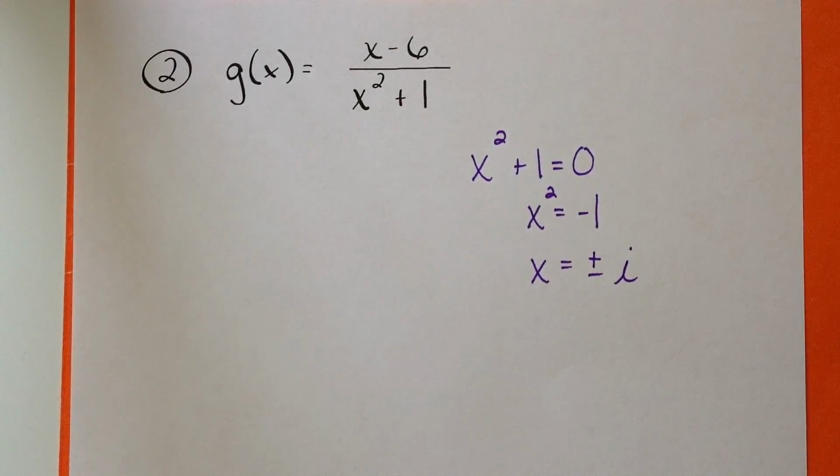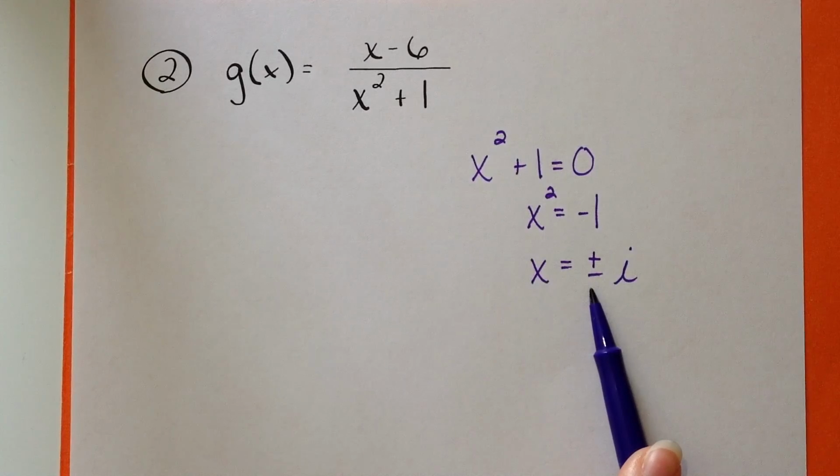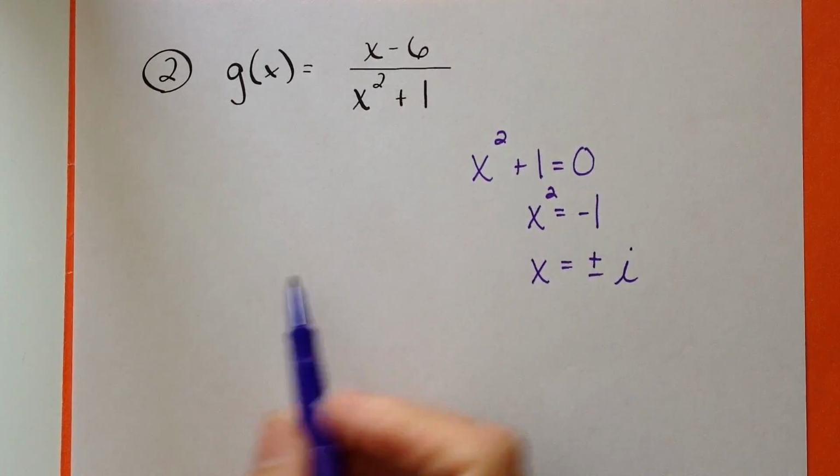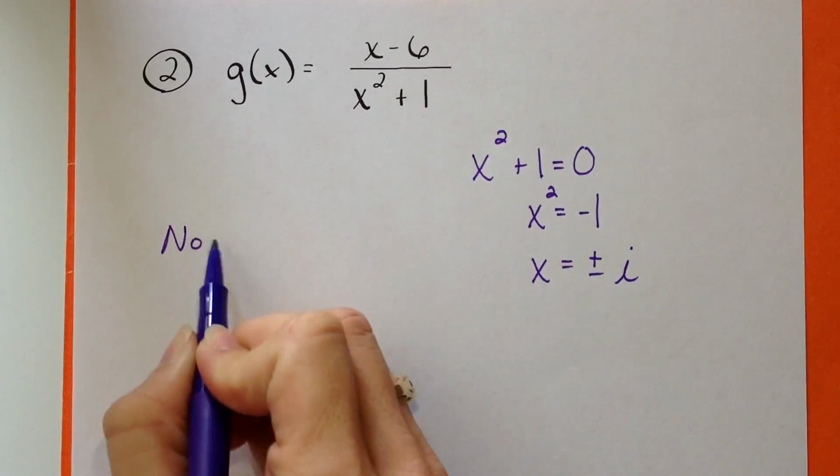Just like domain didn't incorporate anything imaginary, that's only specifically dealing with real numbers, your vertical asymptote is the same way, because when you go to graph rational functions, and if they have vertical asymptotes, you put that on your graph. And all that you have on your coordinate plane is just your real numbers. So because this comes out to be imaginary, this actually doesn't have any vertical asymptotes.